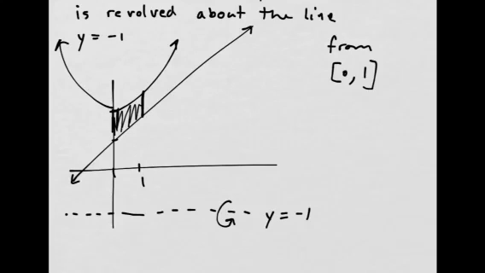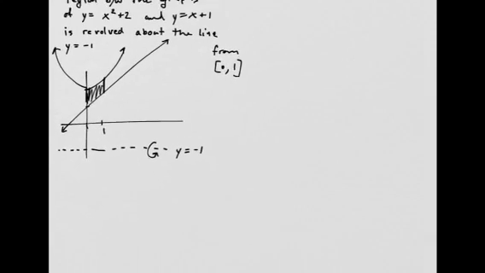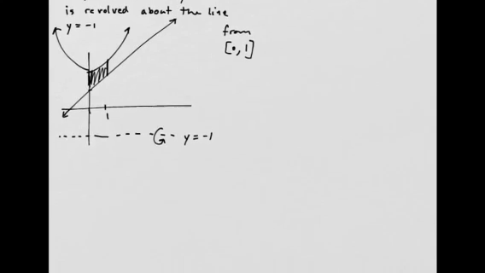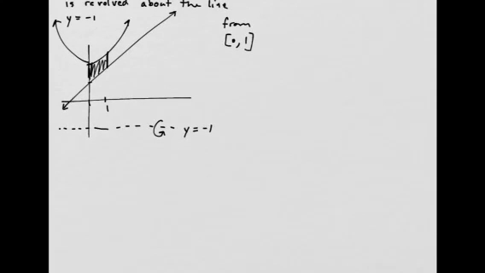Okay, so we think about it like this. You don't have to draw this, but look. If we were to take just this part and revolve it around, it would create this little solid disc thing with a beveled edge.